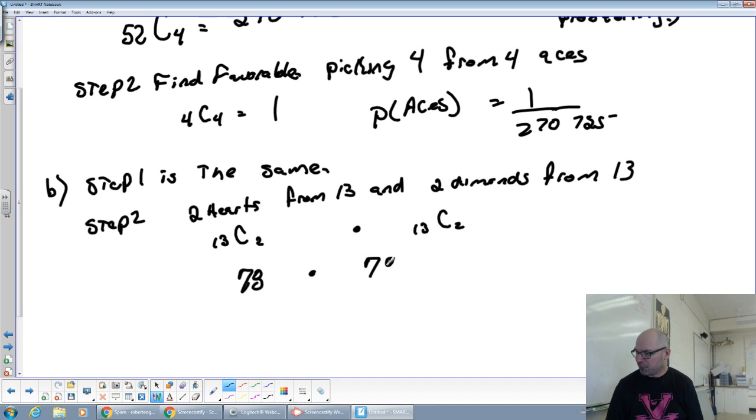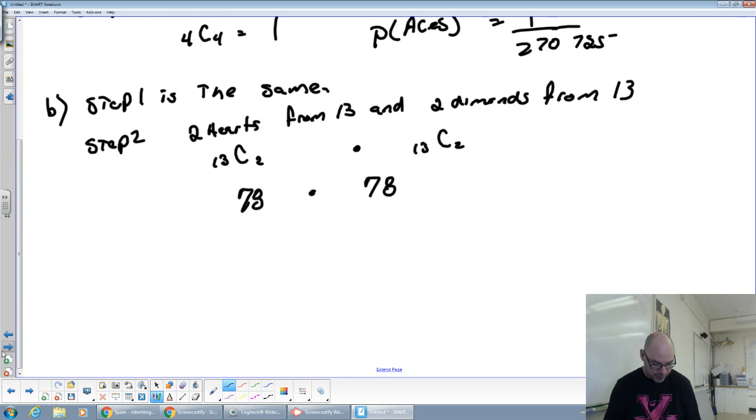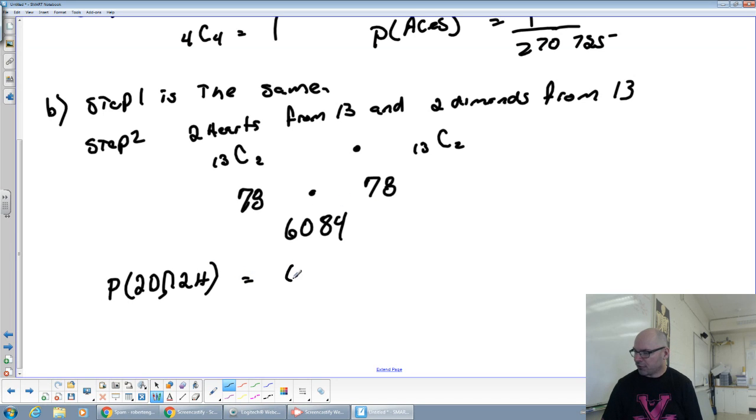That's your favorable outcomes. 78 times 78 is 6,084. So our probability of getting 2 diamonds and 2 hearts equals 6,084 over the total again.